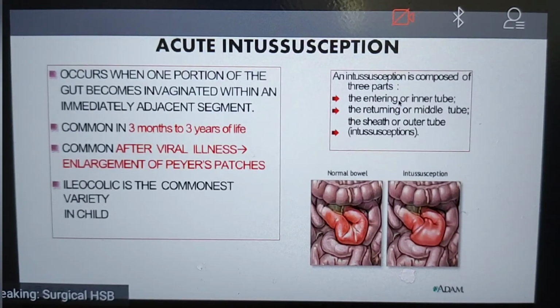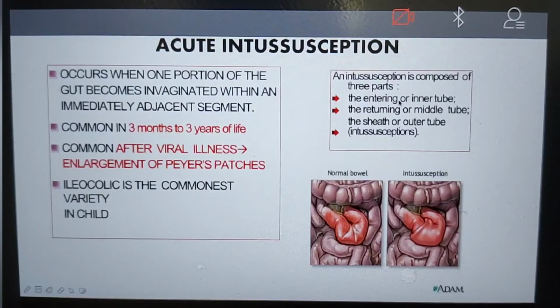The small intestine invaginates into the large intestine. It is common from 3 months to 3 years of life, often after a viral illness, with enlargement of the Peyer's patches. Ileocolic is the common variety in children.